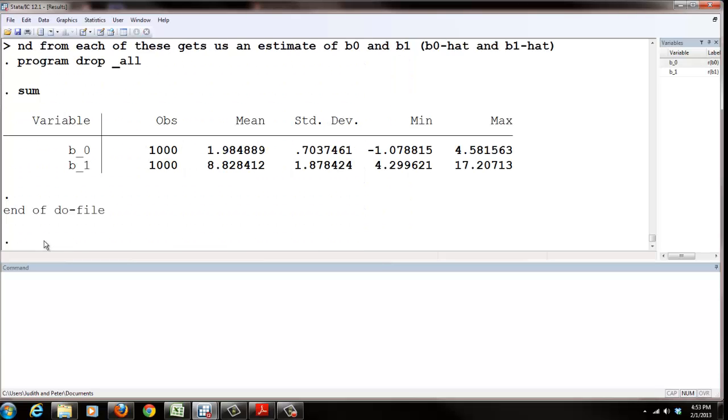Okay. What we see here is that there's a high degree of bias in terms of beta 1, whereas beta 0, the constant term, is still a pretty unbiased estimator. Remember, in the population equation, beta 0 is 2. But beta 1 is about 9, whereas in the population regression equation it was 3.